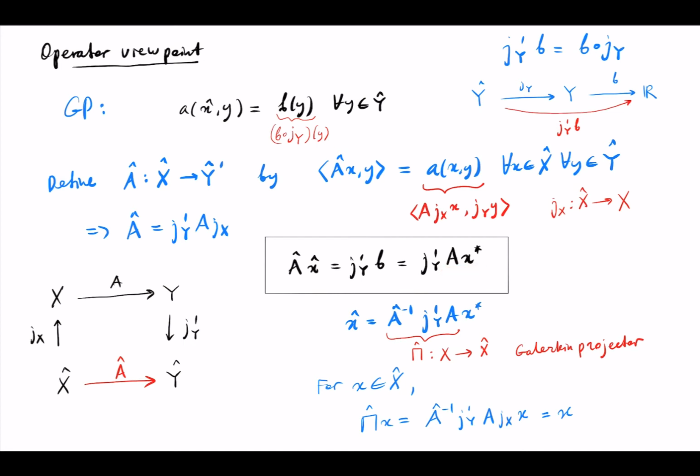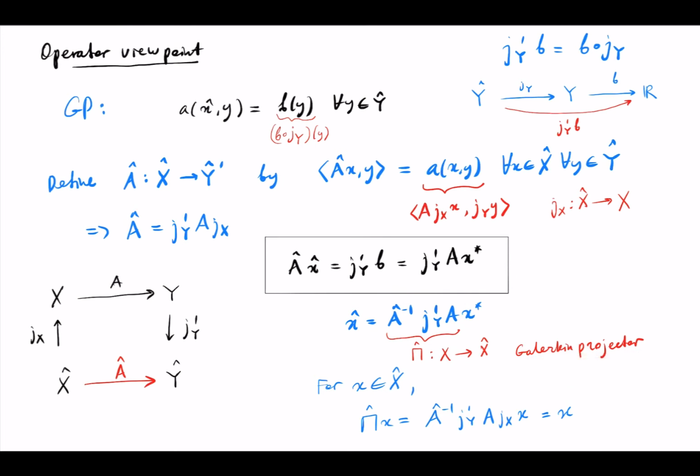Then, inverting a hat, supposing that a hat is invertible, the Galerkin solution can be written in this way here: a hat inverse applied to the transpose of the injection operator Jy, A, and the exact solution x star. And whatever this operator is that is in front of x star, that is called the Galerkin projector.